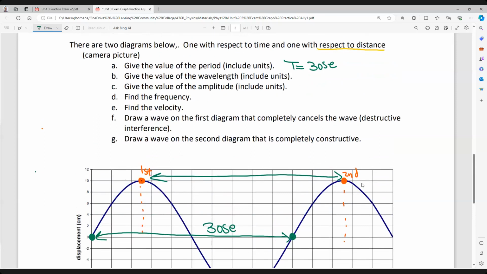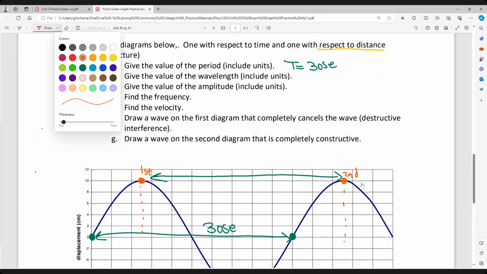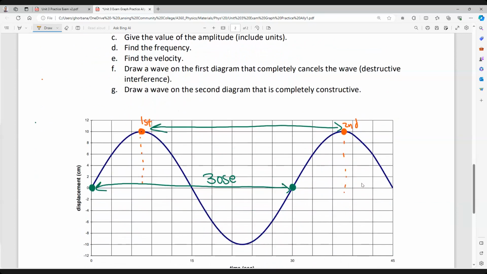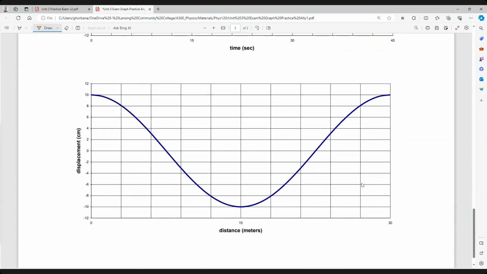Part B is asking us to calculate the wavelength. Which graph is a perfect graph to give us the second one? Because we have a displacement over distance. Again, how do we find it? 2 same consecutive points on the wave.